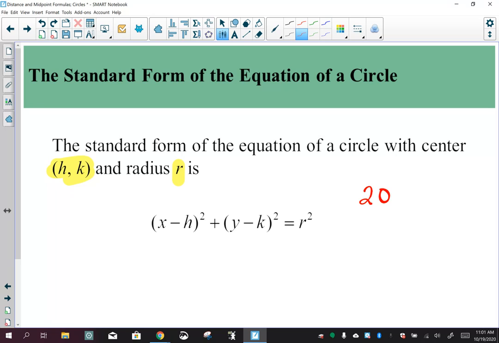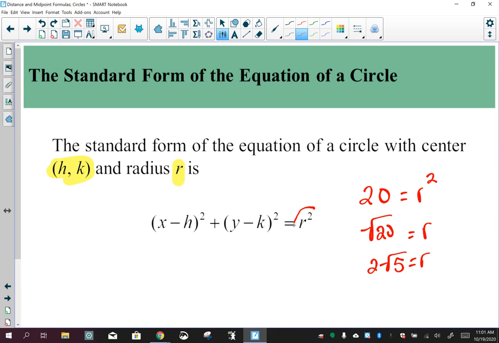I cannot say that my radius is a 20 because that's not a true statement, because really that 20 is r squared. My radius, my r, is the square root of 20. So you have to take that square root. And you have to simplify that square root as well. So this actually winds up being 2 square roots of 5. That winds up being what your radius is.